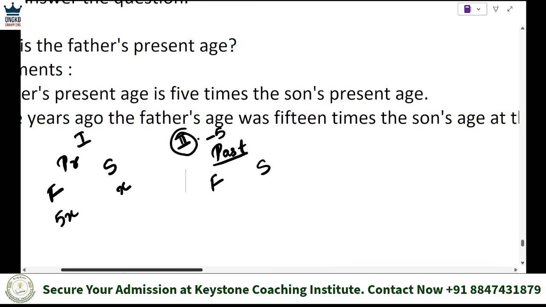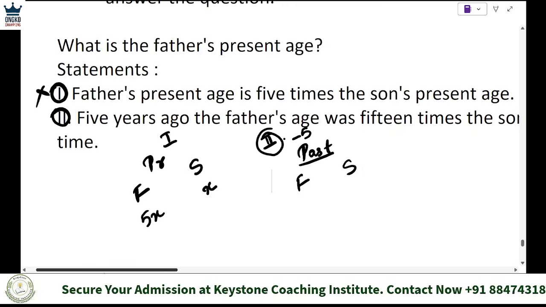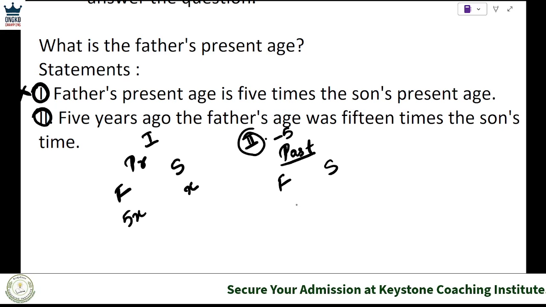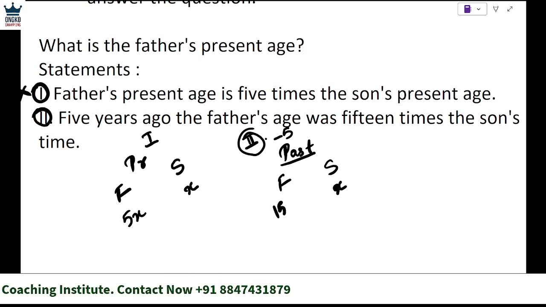The father's age was 15 times the son's age at that time. So let's say the son's age 5 years ago was x. Then the father's is 15 times, that means 15x.